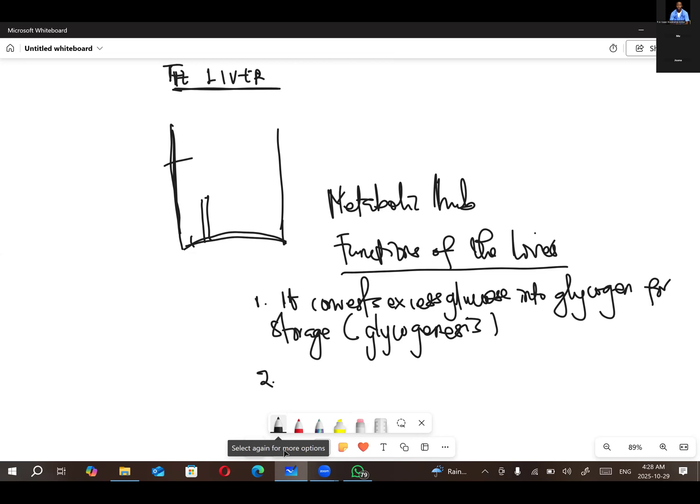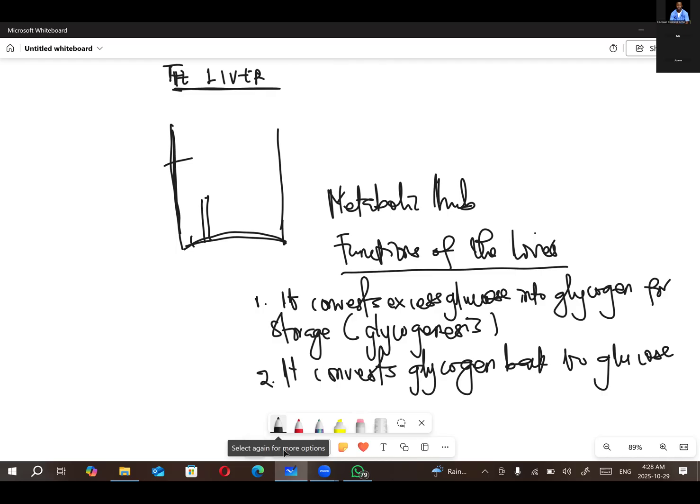So when someone is starving and there is less glucose in the body, it goes to the liver to convert that glycogen back to glucose for your body to use. That's the next function we can talk about. Did you understand what I said earlier? Yes. So it converts glycogen back to glucose when needed.